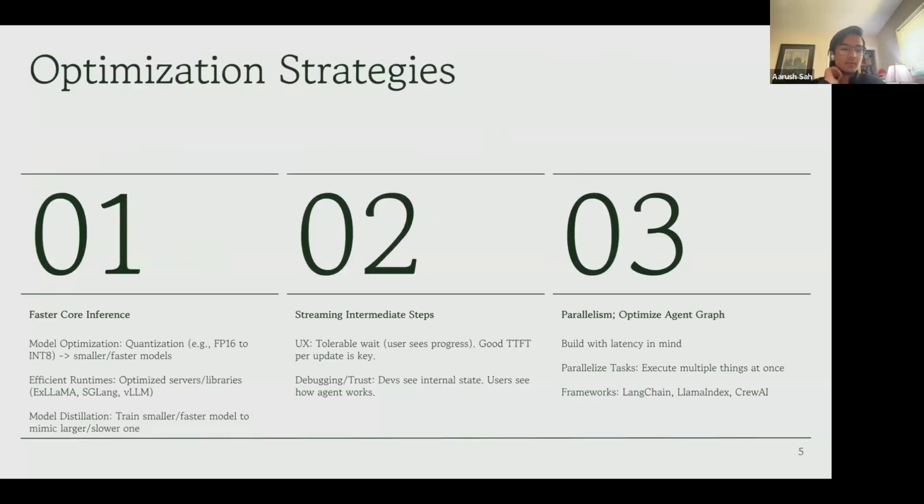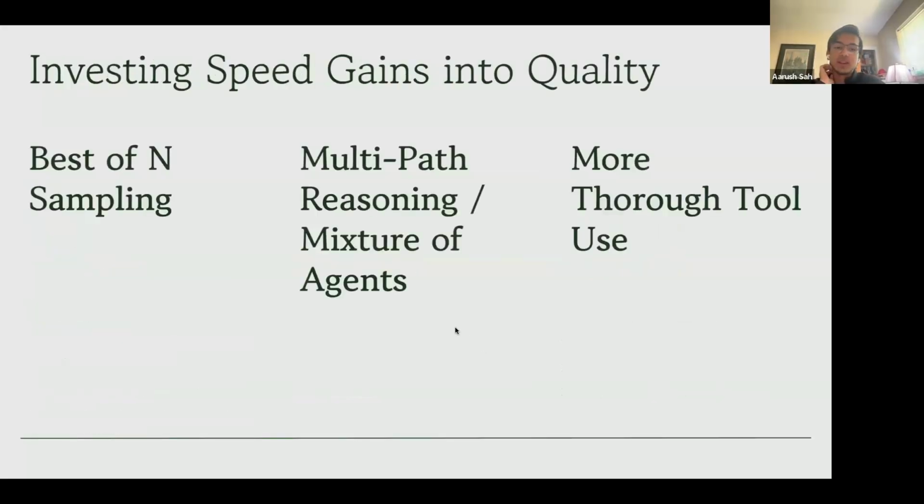There are two types of parallelism that I like to implement when I'm making an agent. The first one is data parallelism, which is processing multiple documents or search results simultaneously. And number two is task parallelism, which is running different types of operations at the same time. And then the fourth optimization for reducing latency is using speed improvements to make agents better, not just faster.